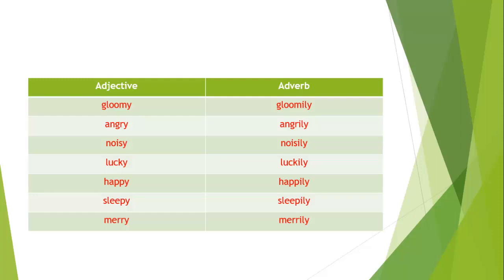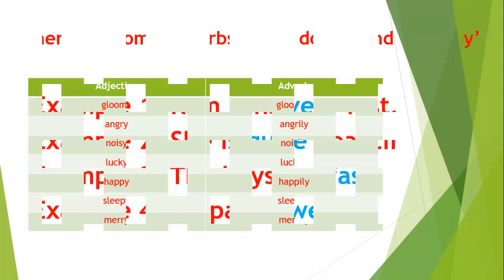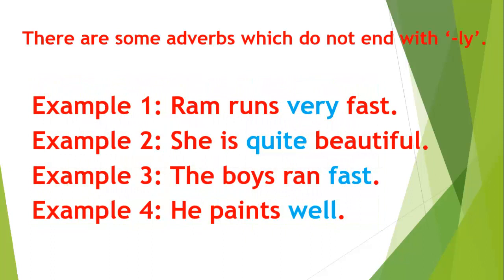Adjective gloomy, ending in y preceded by a consonant m, is converted into adverb by dropping y and adding ily, and hence the adverb form of gloomy is gloomily. Some adverbs do not end with ly, such as very, quite, fast, well, etc.